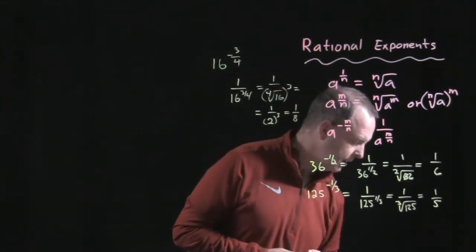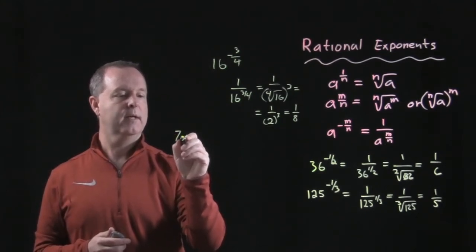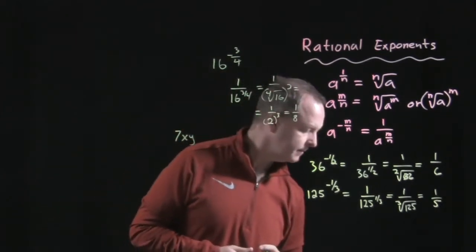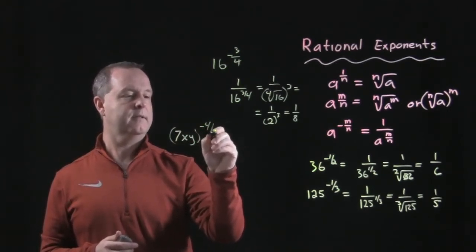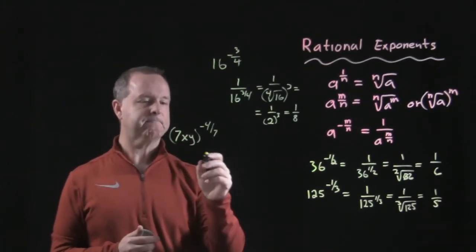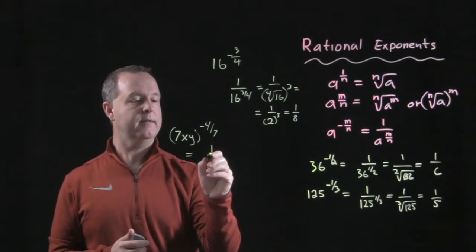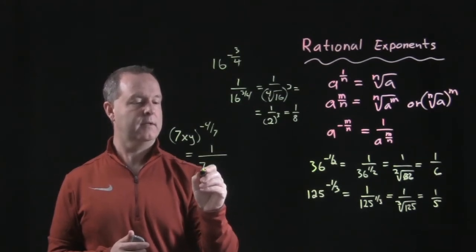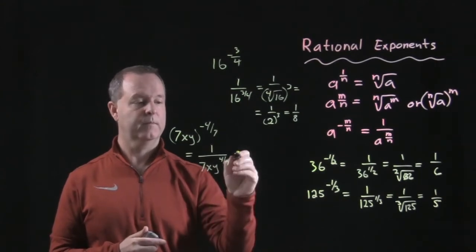Last example, 7xy. Let's start over here a little bit more so I don't lose room. 7xy to the negative 4/7. All right, that looks like what I want to deal with. Let's rewrite that as 1 over 7xy to the positive 4/7.